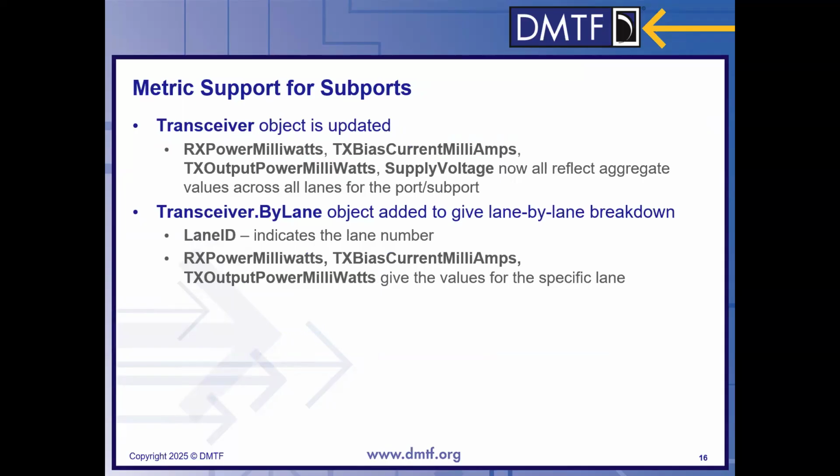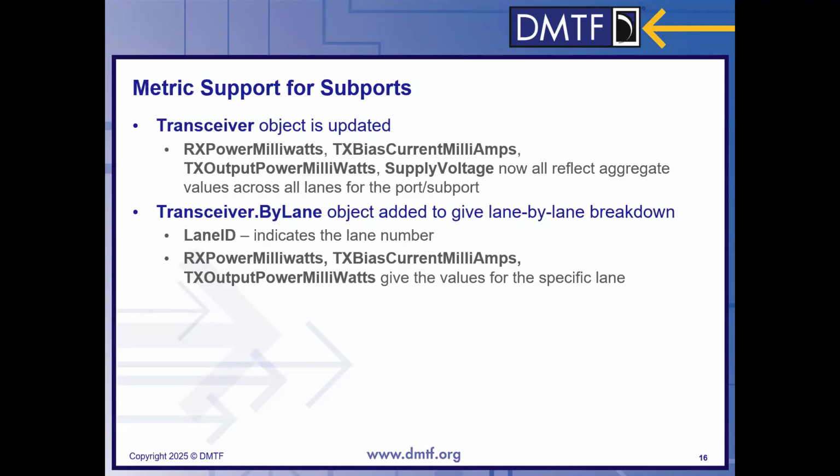Next, we added additional support for port metrics to cover subports. So we've updated the transceiver object. At the root level, it has the existing RX power milliwatts, TX bias current milliamps, TX output power milliwatts, and supply voltage.